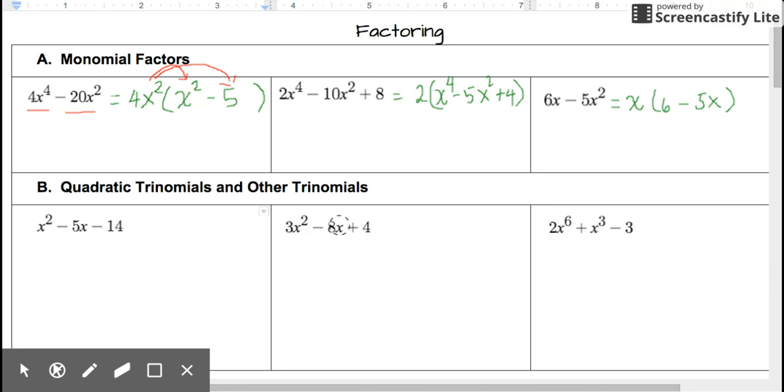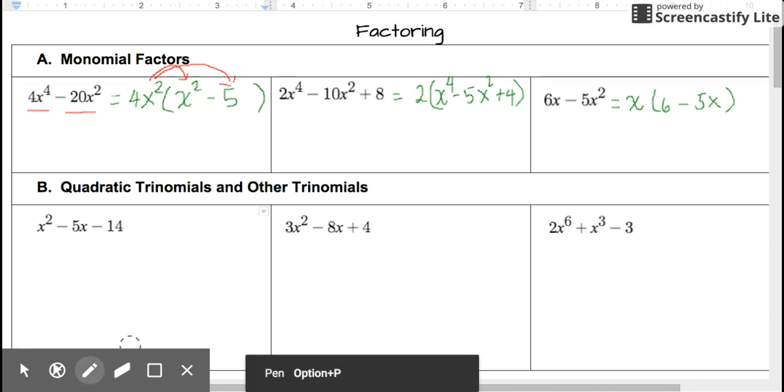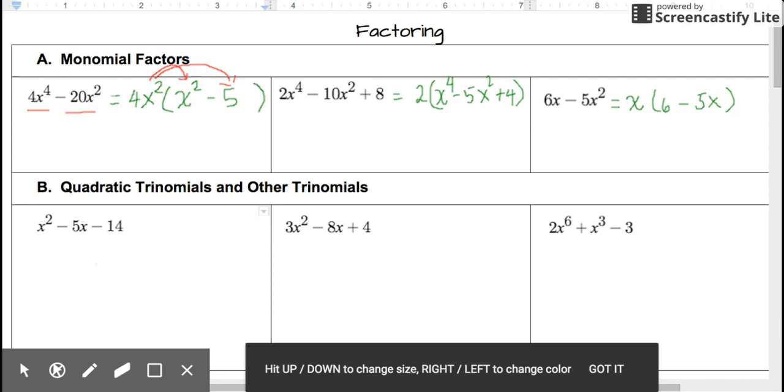Now, sometimes when we factor out the monomial factor, the expression inside the parentheses looks like a quadratic trinomial. How do we factor quadratic trinomials? We can think of the quadratic trinomial as the area of a rectangle.